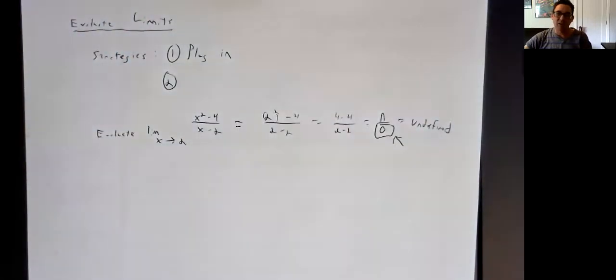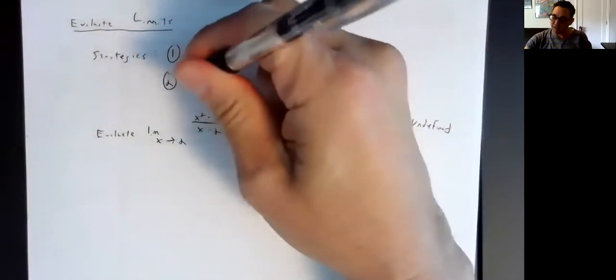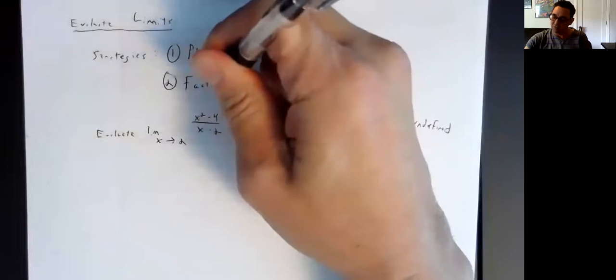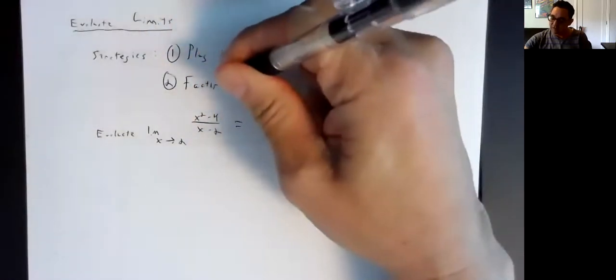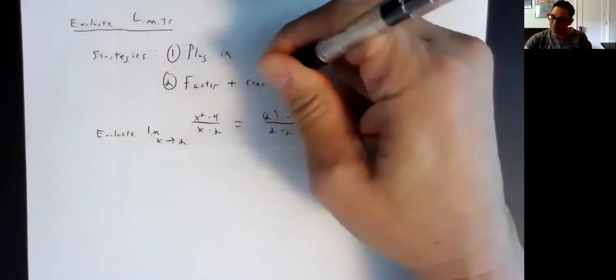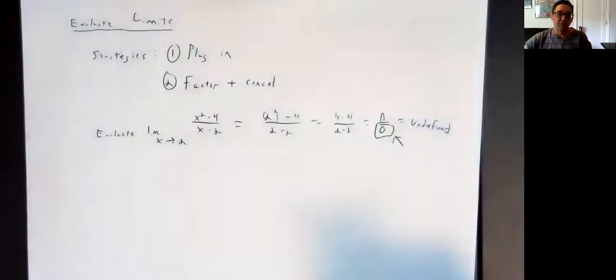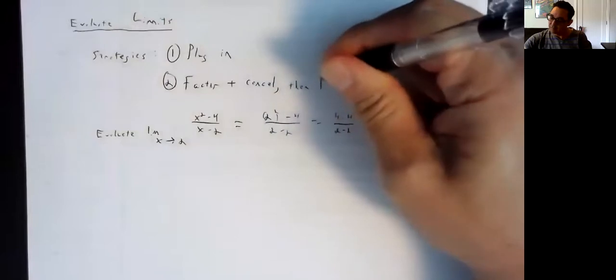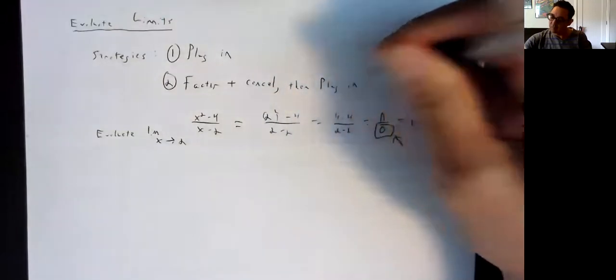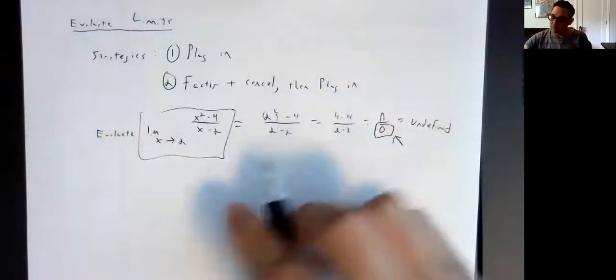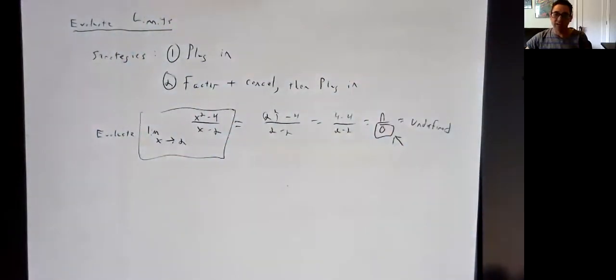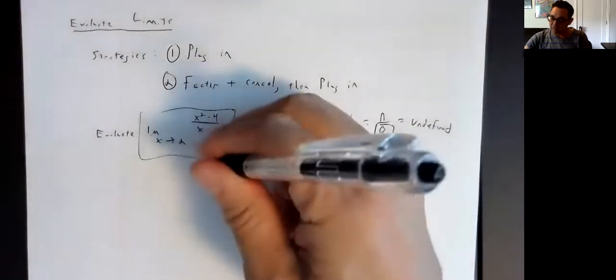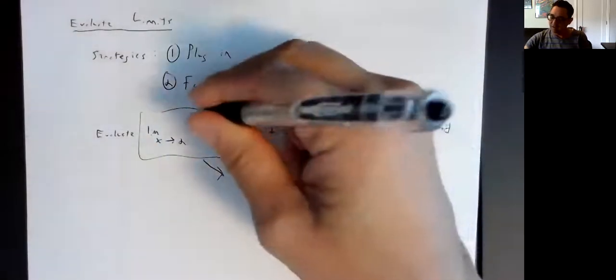And the second strategy is try to factor first. Factor, if possible, and then cancel, factor and cancel, right, if you can do it. And if that works, then plug in. All right, so now let's actually start all over with this one, because I tried plugging it in and I got undefined, right? But now let's try it again, and let's take this part and factor it.